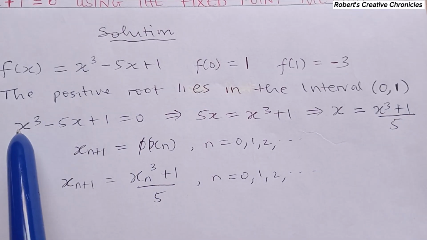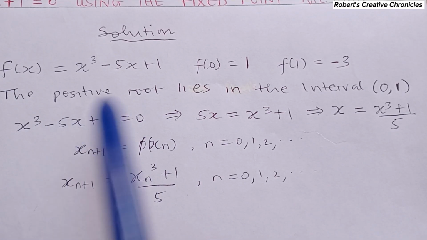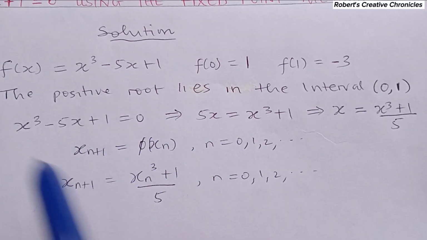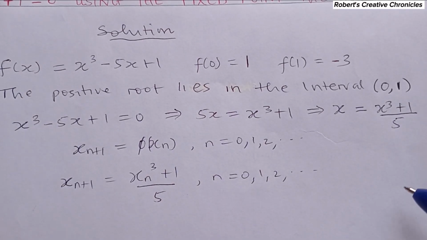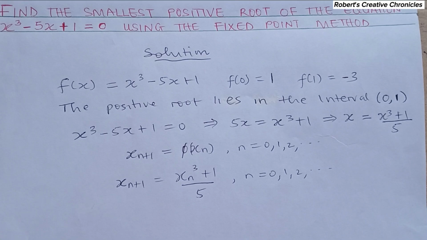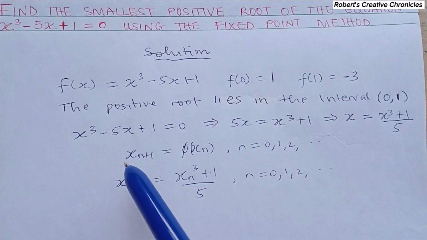You can also decide to make x cubed the subject of the formula, so it will be 5x minus 1, then you find the cube root of both sides. If you do it like that, the iteration will not converge.